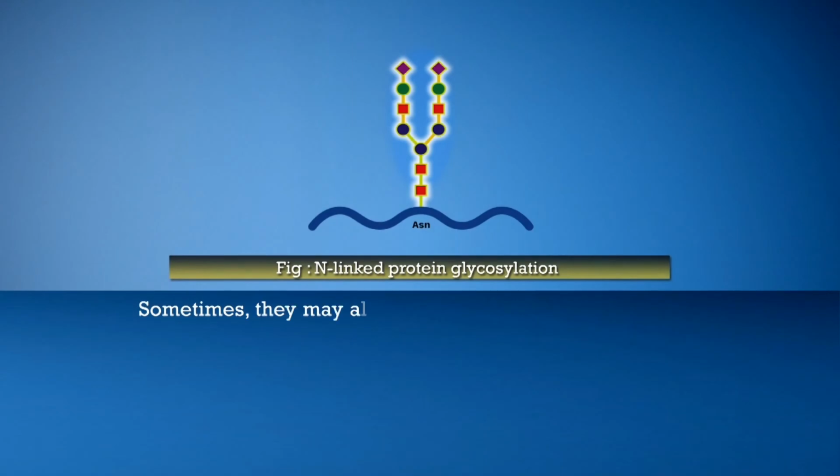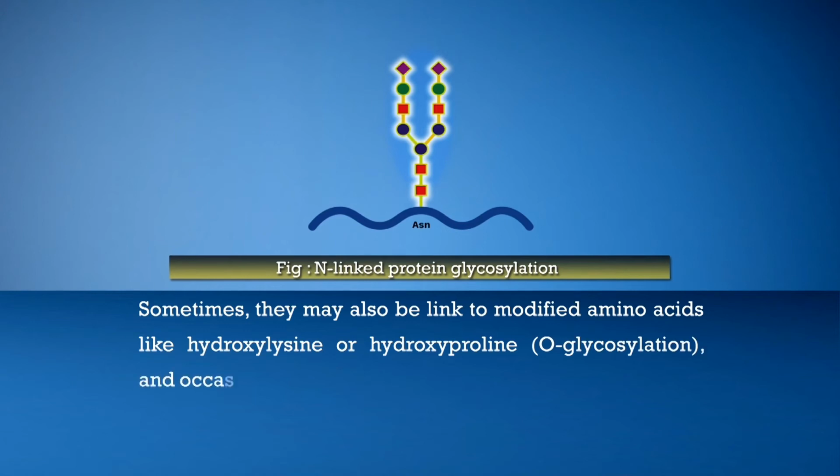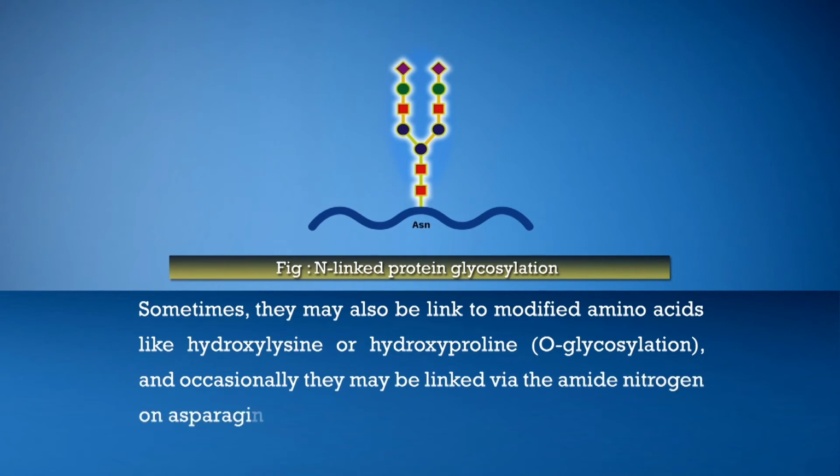Sometimes they may also be linked to modified amino acids like hydroxylysine or hydroxyproline, called O-glycosylation, and occasionally they may be linked via the amide nitrogen on asparagine, called N-glycosylation.